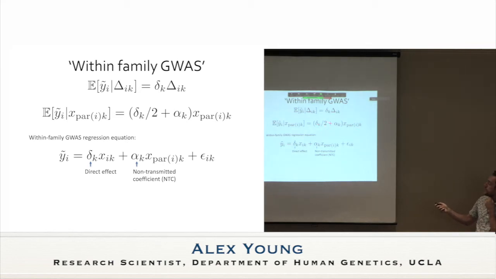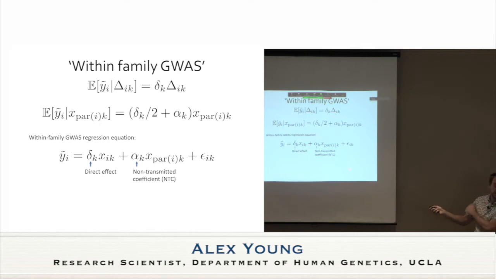But we can combine this 1/2 of the direct effect times the parental genotype with the segregation genotype, and putting those back together, we get the original individual's genotype. So by combining these two together, the individual's phenotype can be written as the direct effect of this SNP, and then this alpha term times the parental genotype, where this alpha term is picking up all of this.